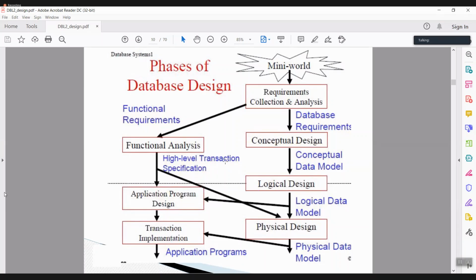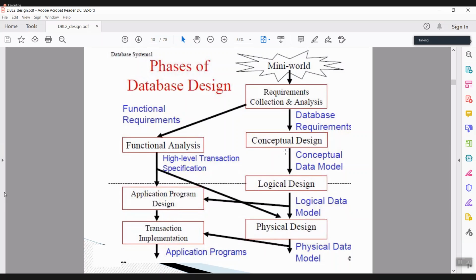It also includes the high-level transaction specification, that means what kind of operations are to be performed over this particular database after construction. And then the logical design is defined, and when we come to the physical design, the logical data is converted to the physical data, and there we have to think about what kind of application programs are designed and what kind of transactions are to be implemented.